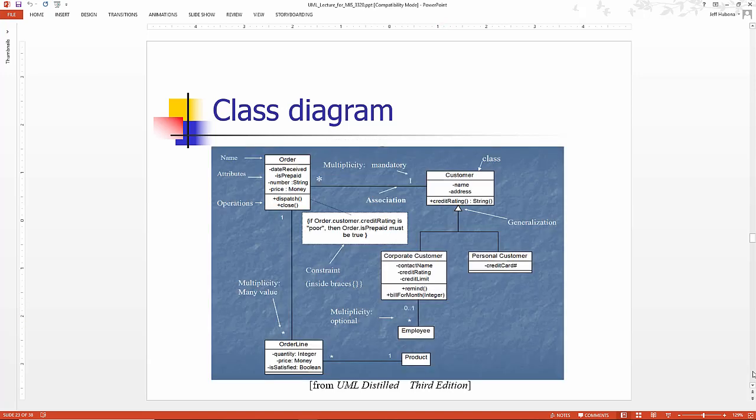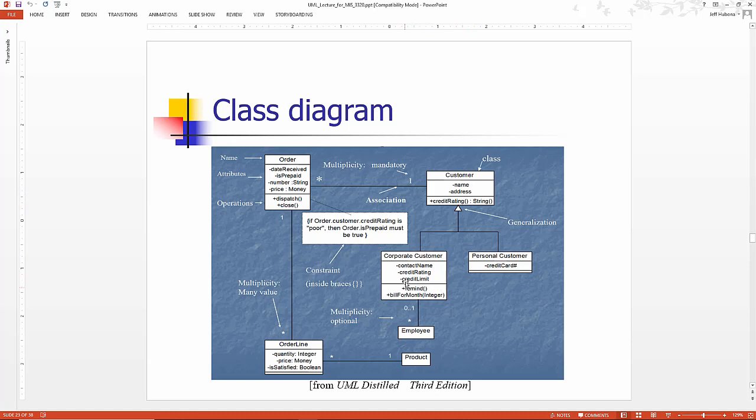Here's another class diagram, and it's not the same as the other one, okay? It's similar, that's for sure. Order, customer, we have corporate, specialized corporate customers and personal customers, and here we only show the unique attributes. We don't repeat. Customer has name and address and a credit rating. Corporate customer also has name, address, and a credit rating.